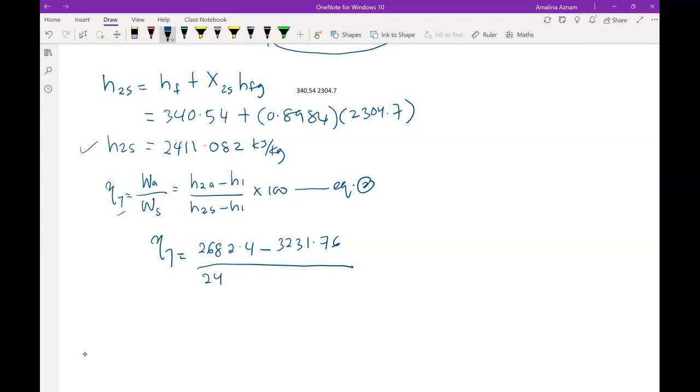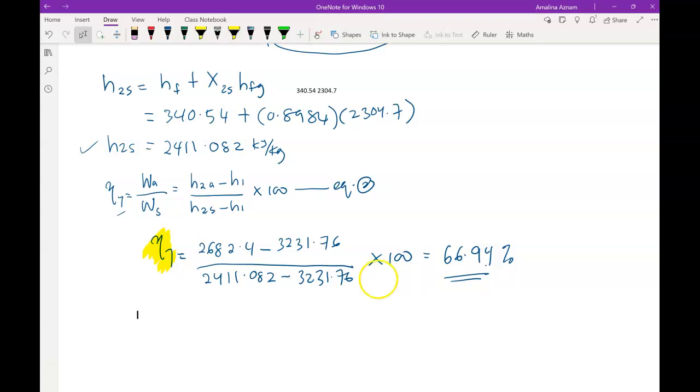So you have 2411.082 minus again 3231.76, and you are going to times it with 100 and see what you get for that. You get somewhere around 66.939, or rounded off to 66.94%. So this is the answer for your turbine, or we call it the isentropic efficiency of your turbine.